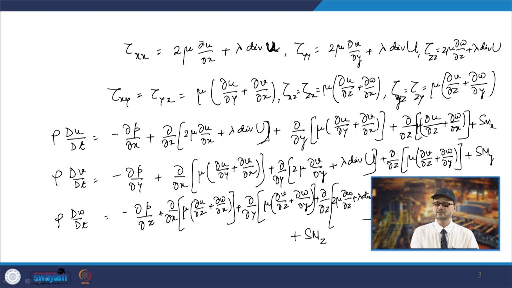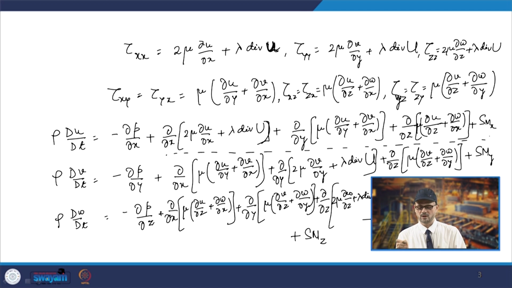If you take these terms, you can express that as dou by dou x of mu times dou u by dou x plus dou by dou y of mu times dou u by dou y plus dou by dou z of mu times dou u by dou z. So, that will be one term, and there will be another term that will be separate, plus SMX. So, that we are basically writing as the source term.